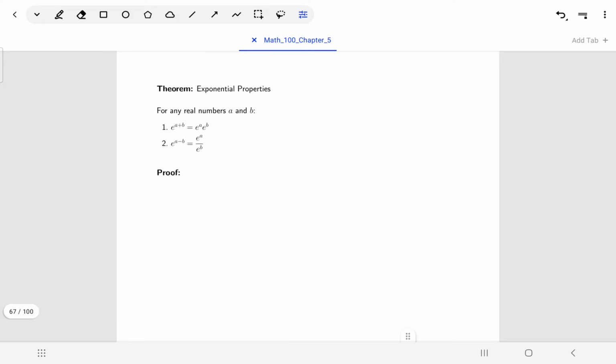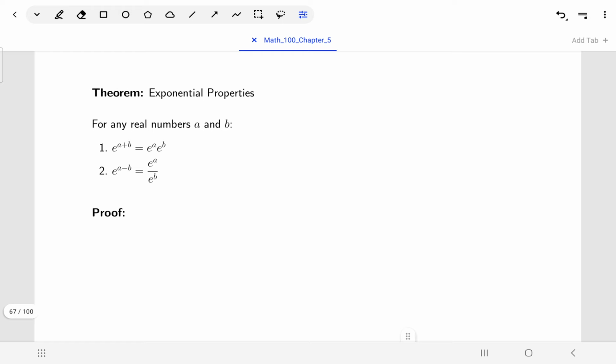Okay, so now let's actually prove these properties. These are things that we know from before should work for at least rational exponents. But as I said before, real exponents have always kind of been a problem. We had no real good way of explaining what e to some real number power, or 2 even, to some real number power might mean.